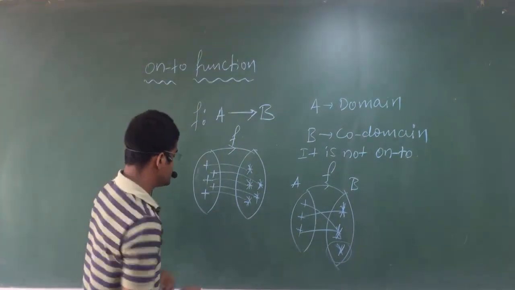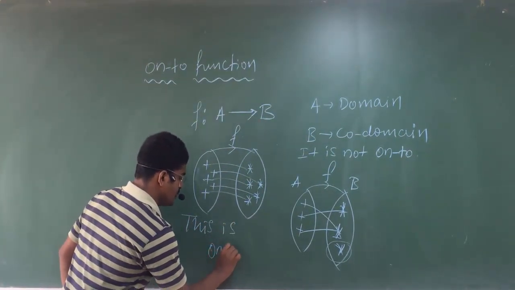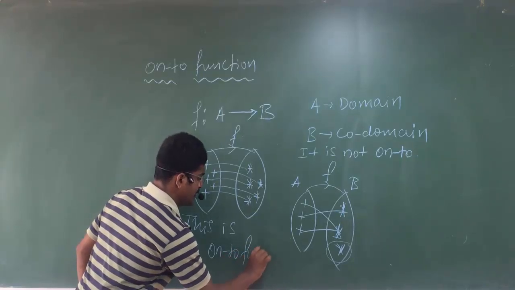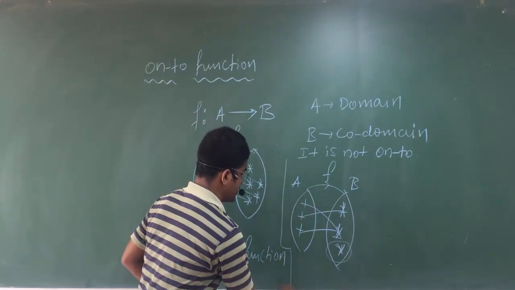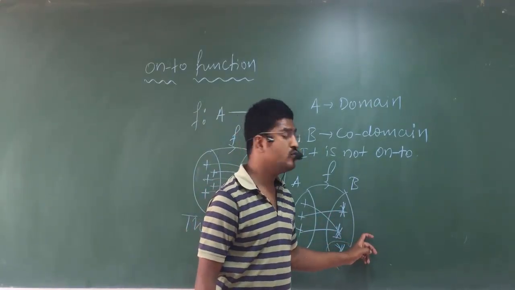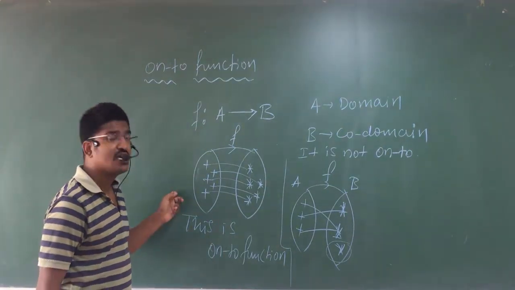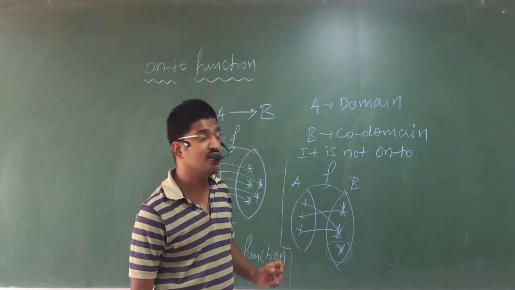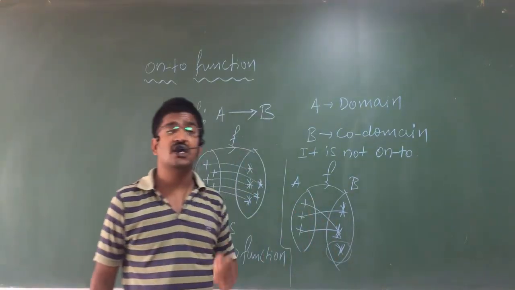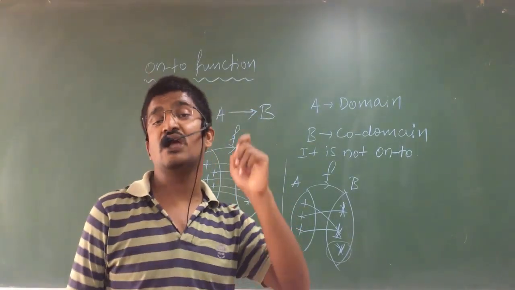But see here, this is an onto function, but this particular function is not onto. This is not onto just because there is one element in the codomain which is not having a pre-image.